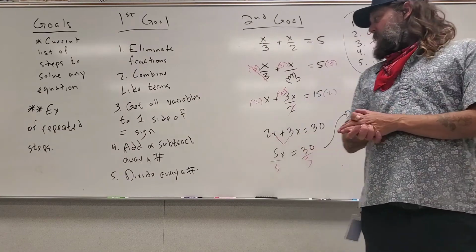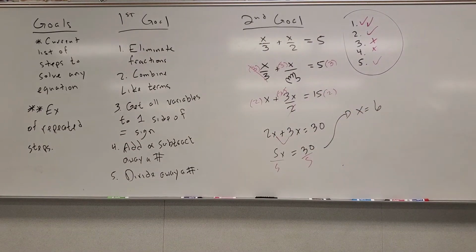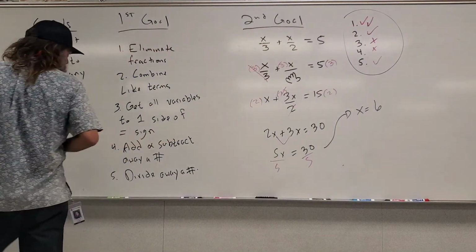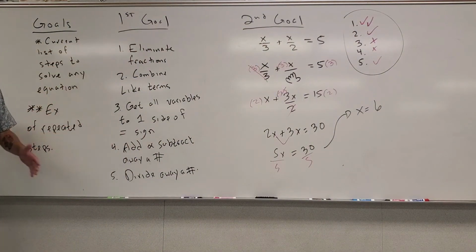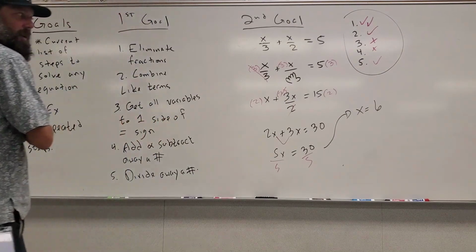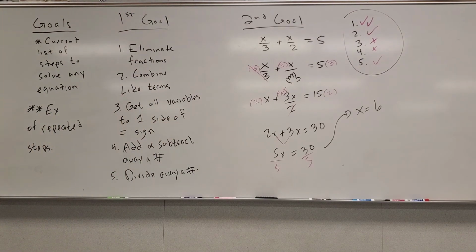So hopefully this makes sense to you guys, and we start to form a method to solve any equation. We've got a couple more lessons on equations, but I think we're going in the right direction.